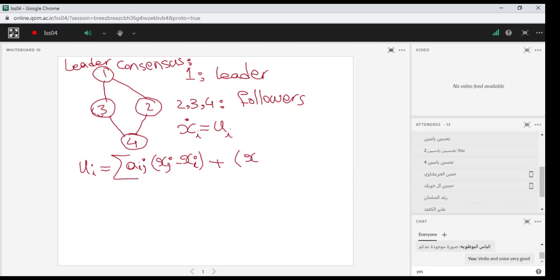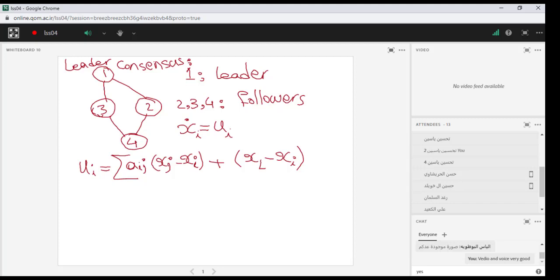This is like the previous one, plus x leader minus xi.